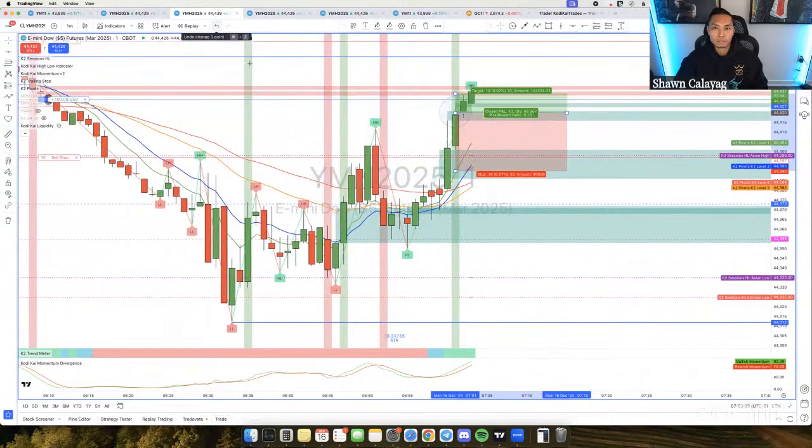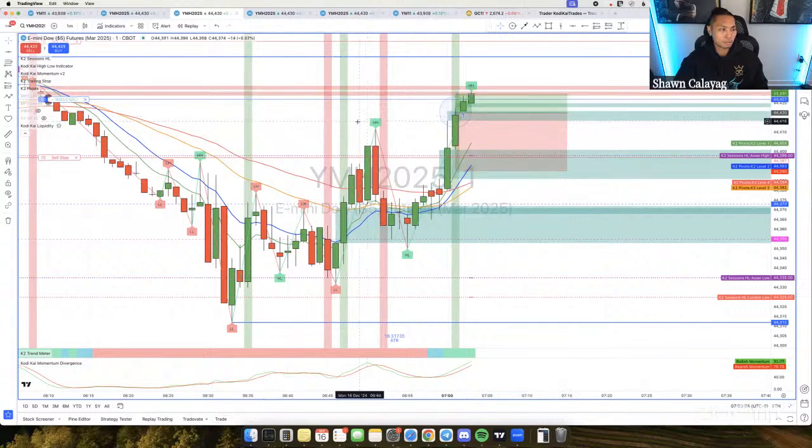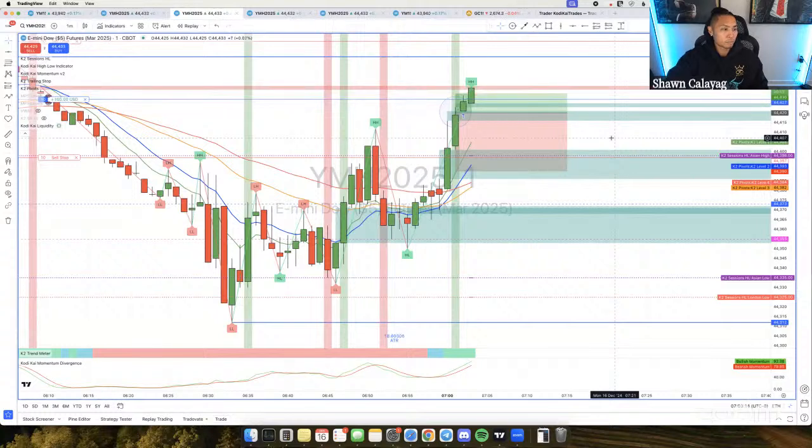So there goes price, pushes up. My entry wasn't the best, so my trailing didn't actually get moved up yet. So price has already reached the 10-point mark, if anybody's looking to catch those 10 points there.